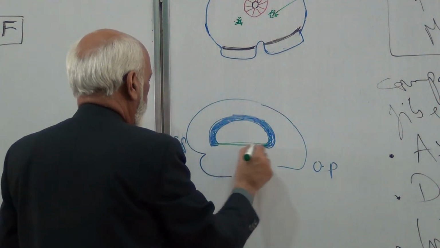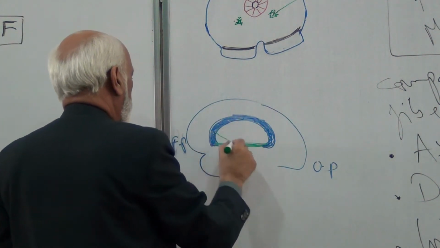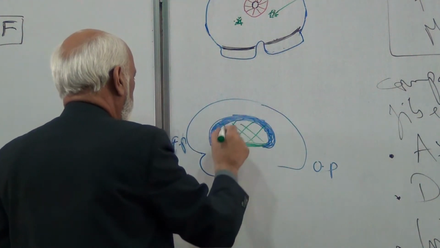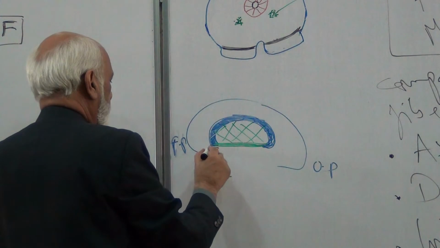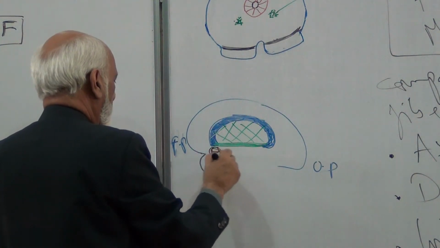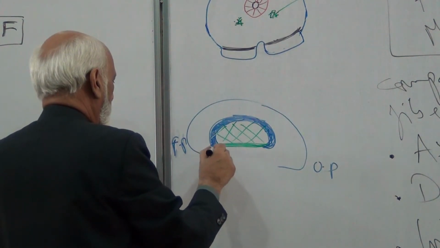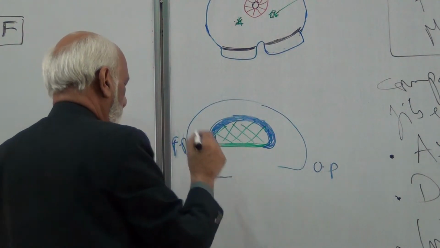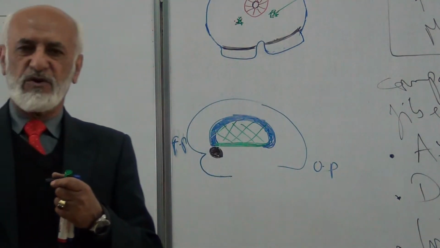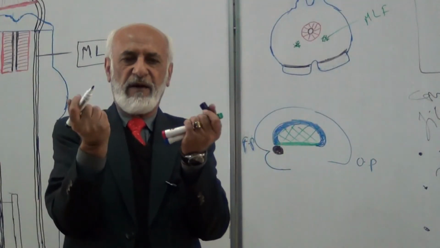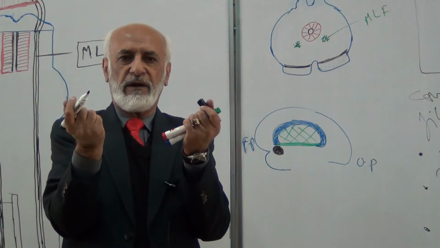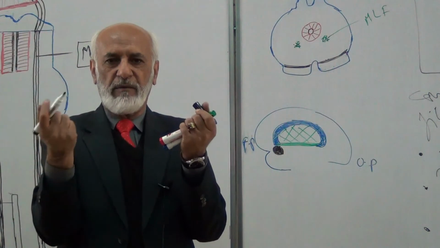You know, there is the fornix, then the septum pellucidum. Anteriorly, here is the anterior commissure. You know the types of fibers: commissural, projection and association fibers. Commissural fibers interconnect the various structures of the right and left cerebral hemispheres.